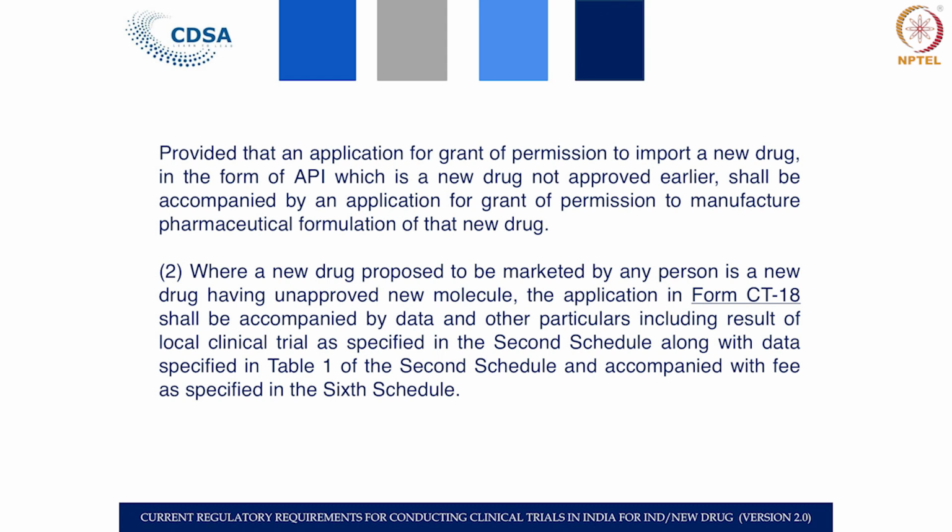In case the drug is not approved earlier, it is an unapproved active pharmaceutical ingredient, and the new drug is made of an unapproved API that has not been permitted in the country before. In such a case, the application in CT 18 shall be accompanied by the documentation as per table 1 of the 2nd schedule.